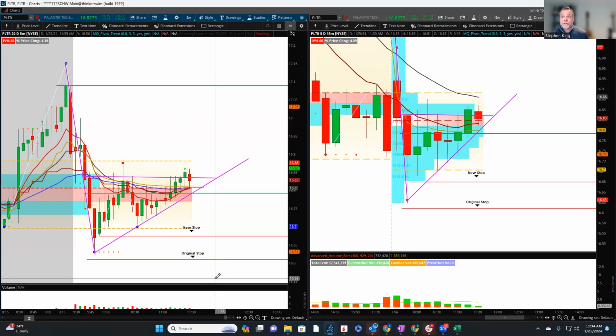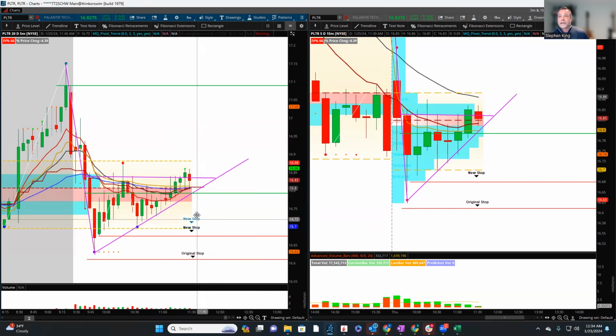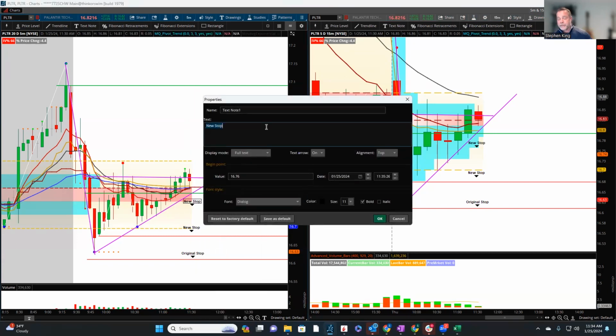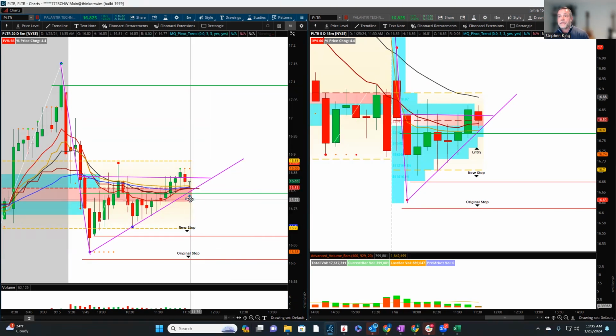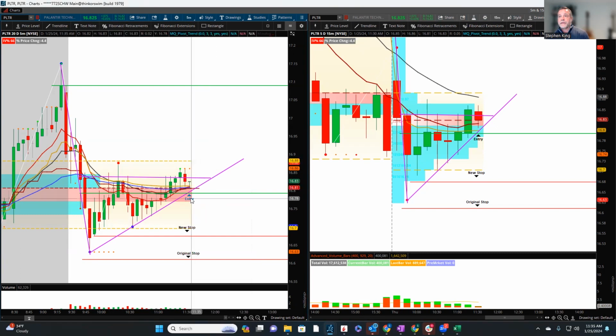And so it is helpful if you label these, so that you know that this was your original stop, new stop. I can take this and put it right here, and I can just put in here entry. I can even put the dollar amount there, if I want to, of the original entry. I'm going to put that underneath the green line. And I can do the same thing.